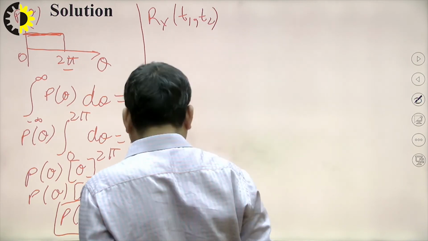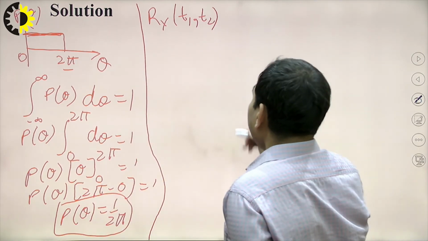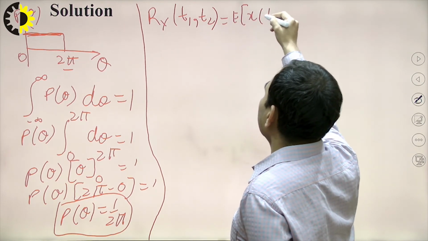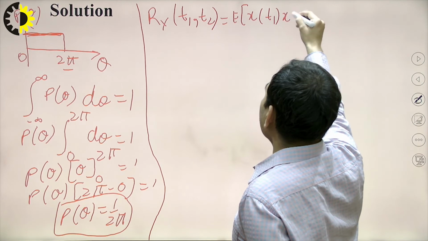So we can write it as the expectation of x(t1) and x(t2).